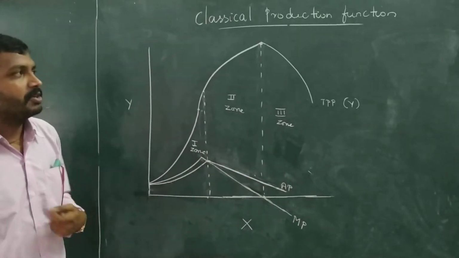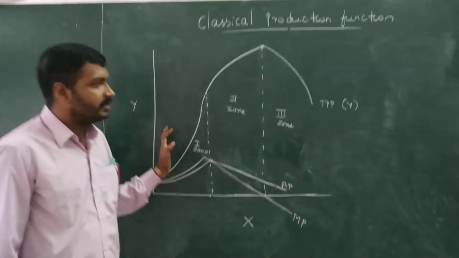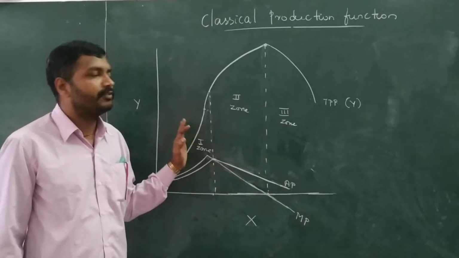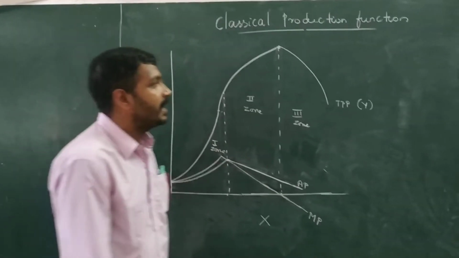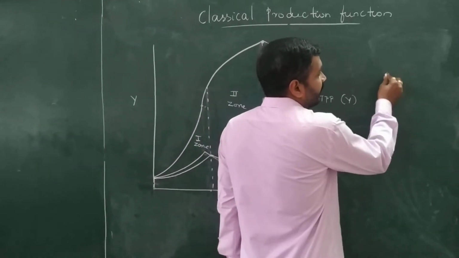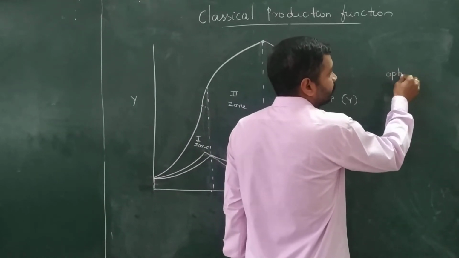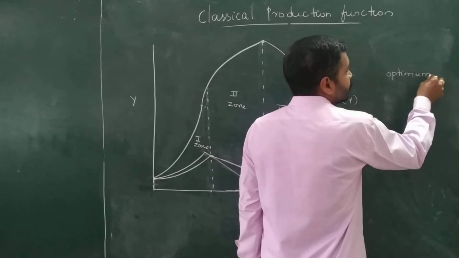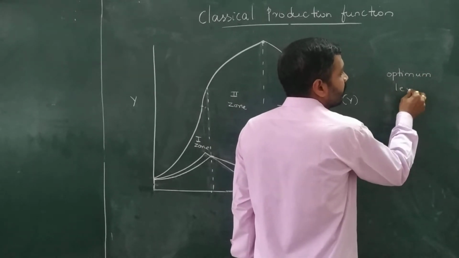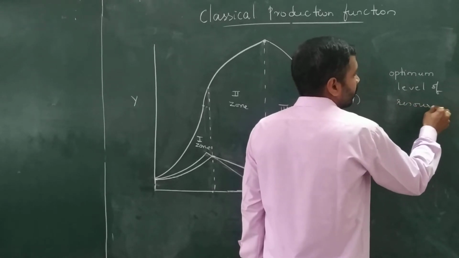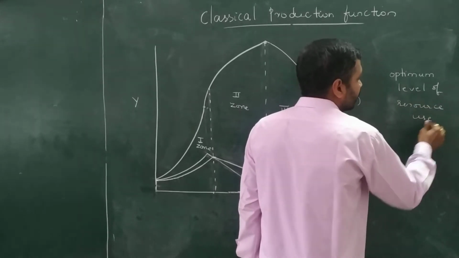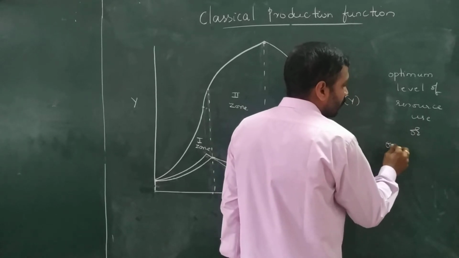Now a simple question may arise in your mind: why did we do this zoning? What is the need of zoning the classical production function? A simple answer for that is that the very interest of us is to know about the optimum level of resource use, or what we call the optimum level of output production.